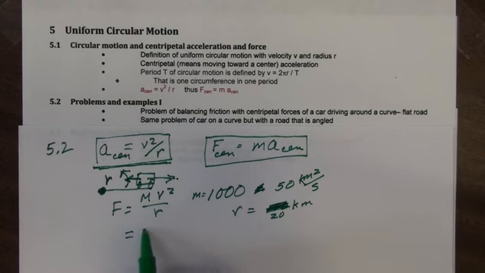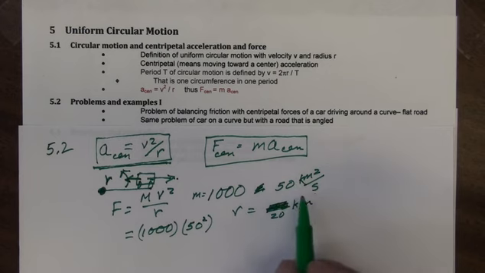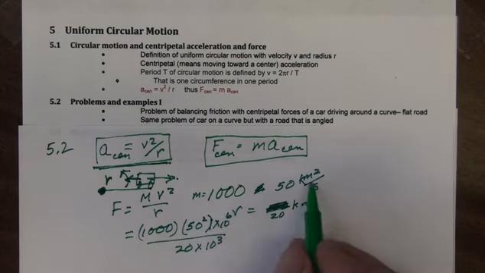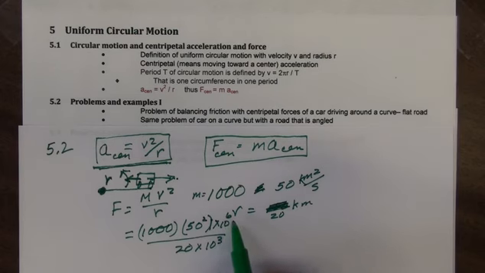The force we would experience would be 1,000, which is the mass of our car, times, remember, 50 squared. And that's kilometers, so in our MKS system, this would be times 10 to the third, squared, so times 10 to the sixth. And we're going to divide it by a radius of 20 times 10 to the third, because kilo means 1,000. Here we have a kilometer squared, so it'd be 10 to the sixth.